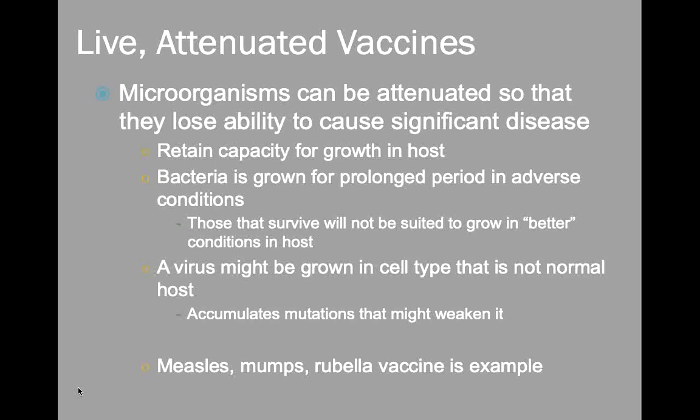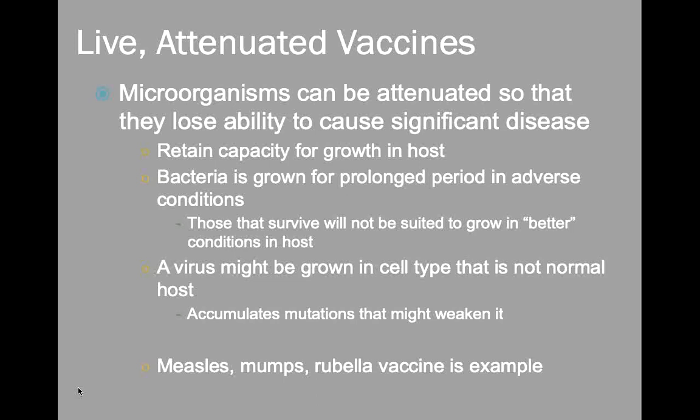This was developed by growing a strain of Mycobacterium bovis in increasing concentrations of bile salts for almost 13 years, and after 13 years the strain got attenuated and it could be used as a vaccine. The bacteria used was not Mycobacterium tuberculosis but Mycobacterium bovis.